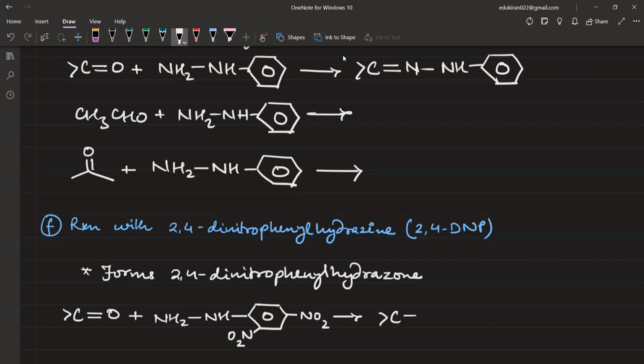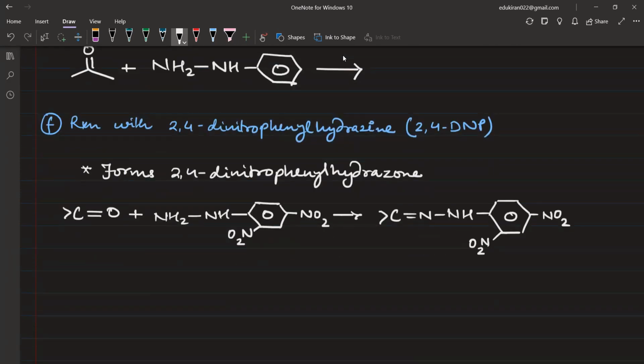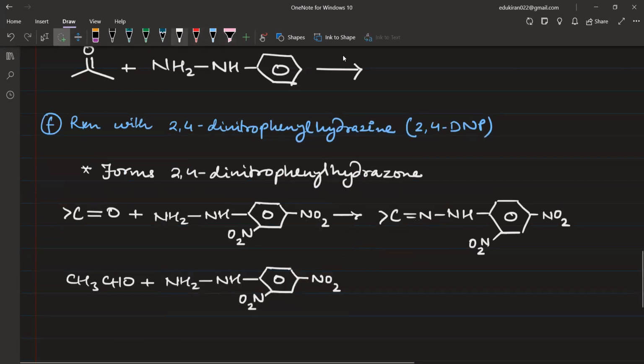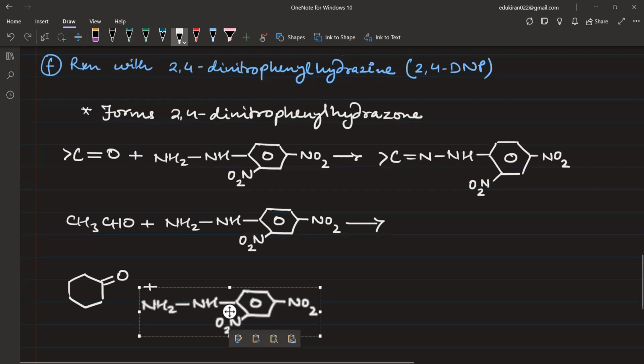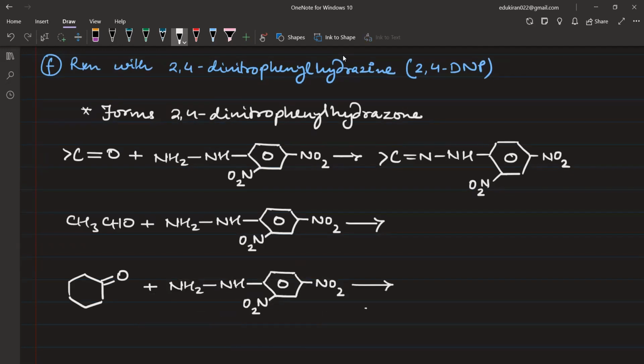So in the product you will get C double bond N, NH, the phenyl ring like this. Also write in brackets: forms 2,4 dinitrophenylhydrazone, which is orange in color, an orange-red precipitate.